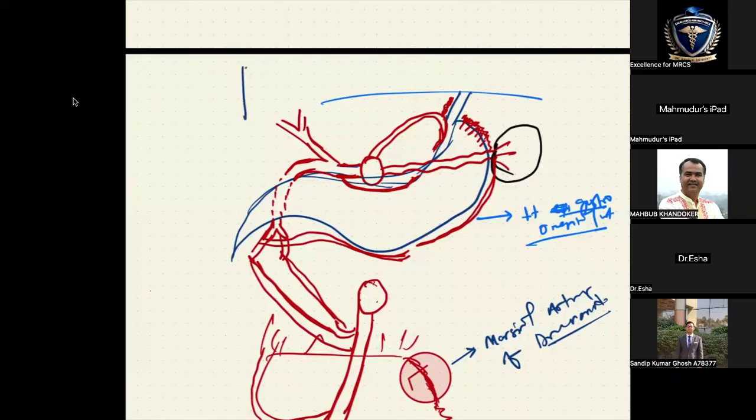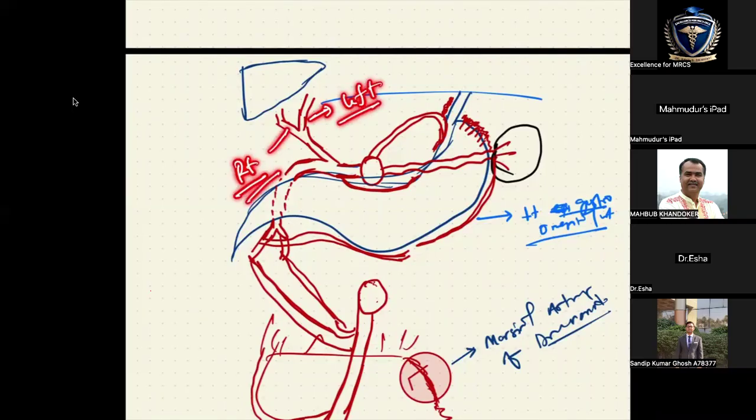I'm very bad at drawing pictures. So this one is the right hepatic artery, and this one is the left hepatic artery. Is it clear, guys, up to this portion? Please let me know. I'm going to discuss a very important question.